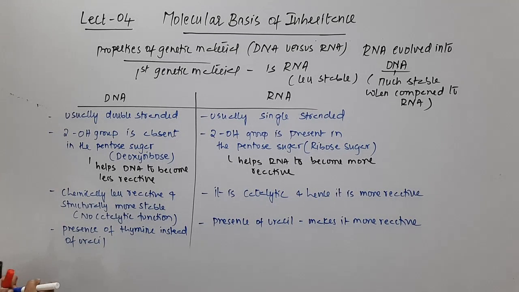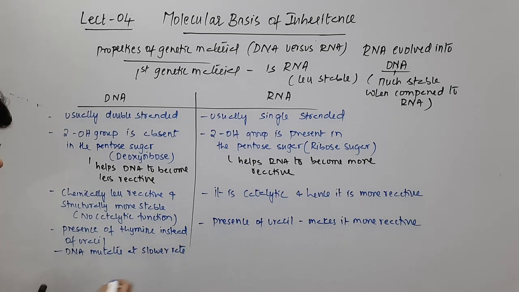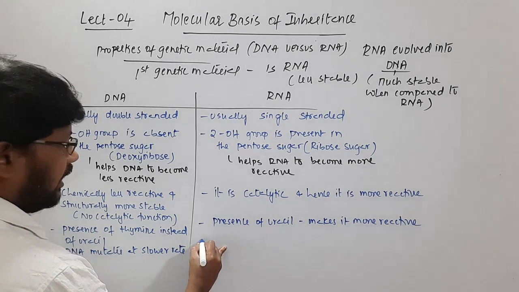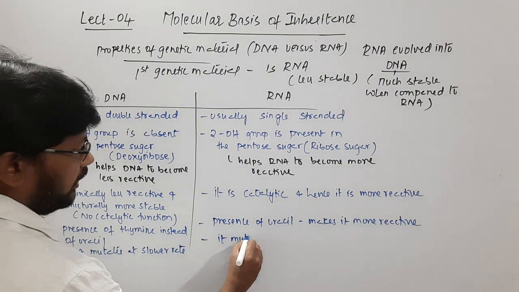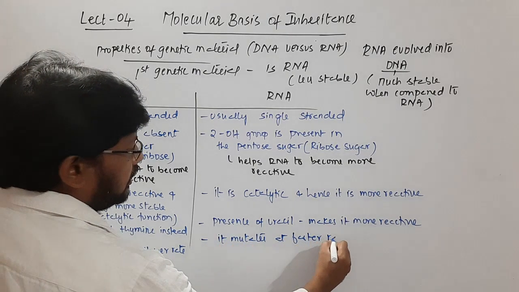Next, DNA mutates at a slower rate, whereas in case of RNA it mutates at a faster rate.